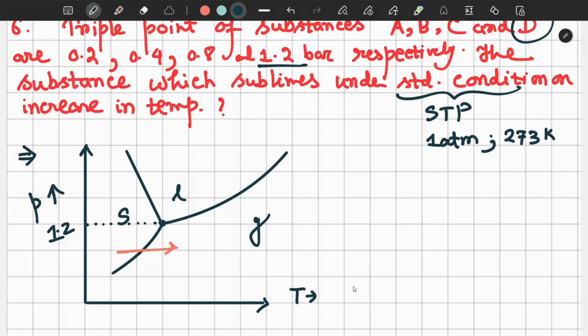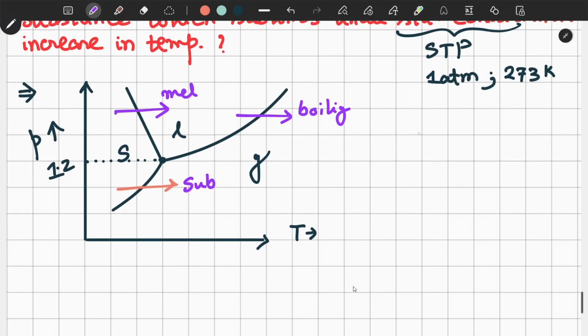Okay, let me draw it. This is sublimation. This is melting. This is boiling. So when sublimation occurs, this is given: standard pressure is 1 atm. This is our standard pressure.